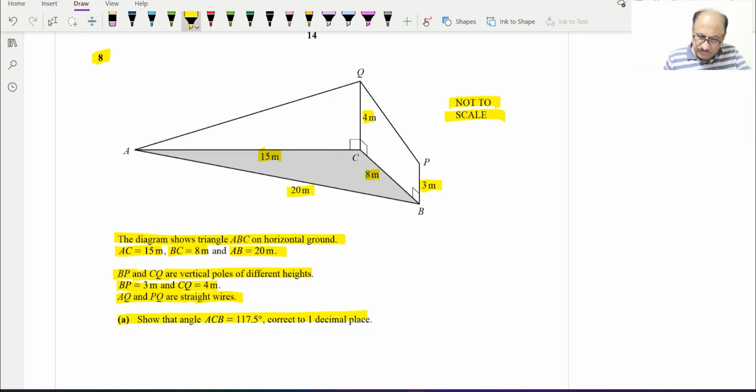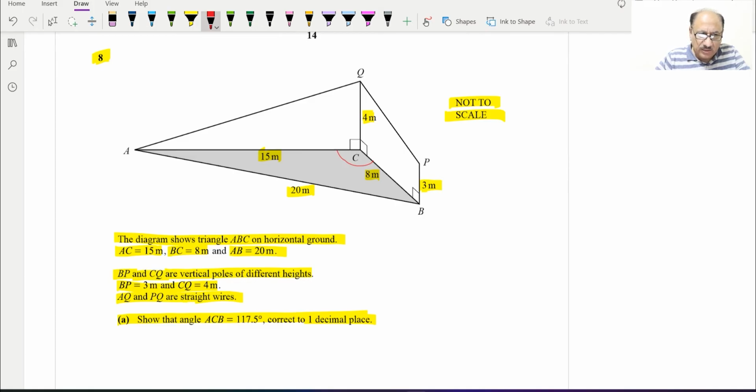Show that the angle ACB is 117.5 degrees, correct to 1 decimal place. So which angle are they talking about? ACB is this angle ACB, and we need to prove that this is 117.5. So we can apply the cosine rule on triangle ABC.